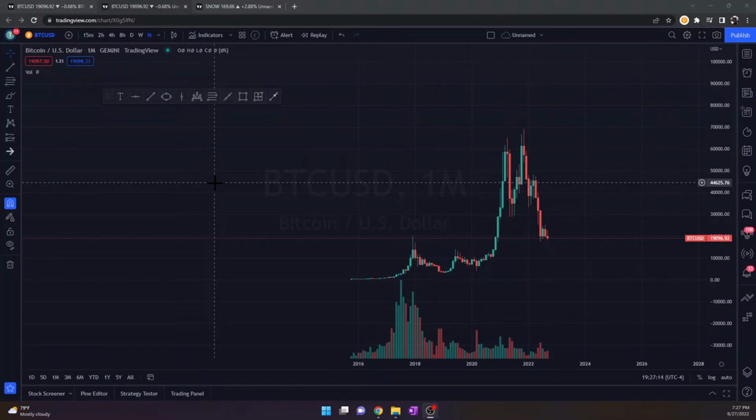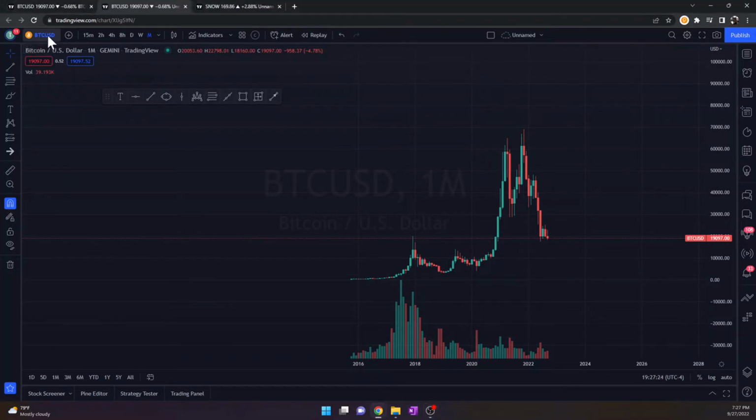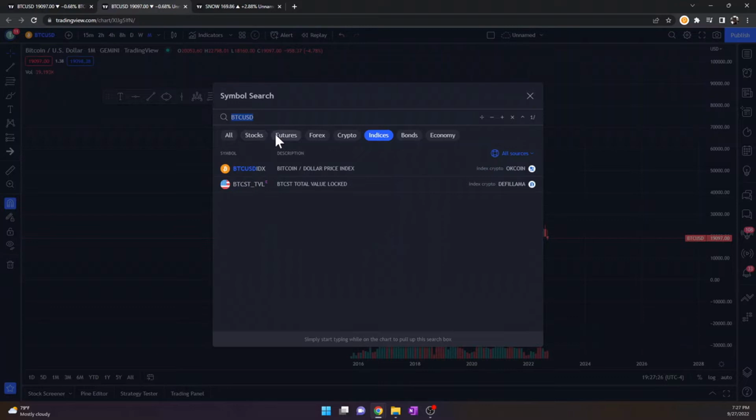It has crypto charts, it has stock charts, it has indexes. The way that you get to different charts is up here. You can see it has stocks, futures, forex, crypto, bonds, indices, economy, all kinds of stuff.